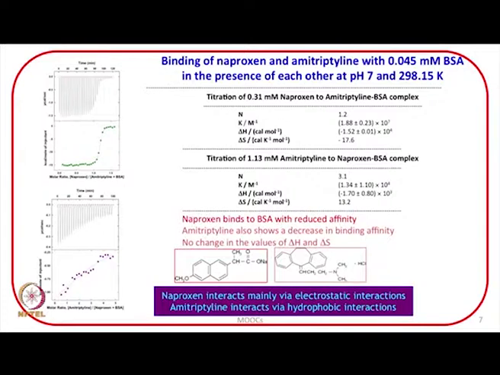So what we discussed in today's lecture is that isothermal titration calorimetry not only helps in giving us the quantitative numbers on the binding thermodynamic parameters, it also helps us in identifying the nature of intermolecular interactions. One is identifying the nature of intermolecular interactions based on the overall values of delta H naught or delta S naught.